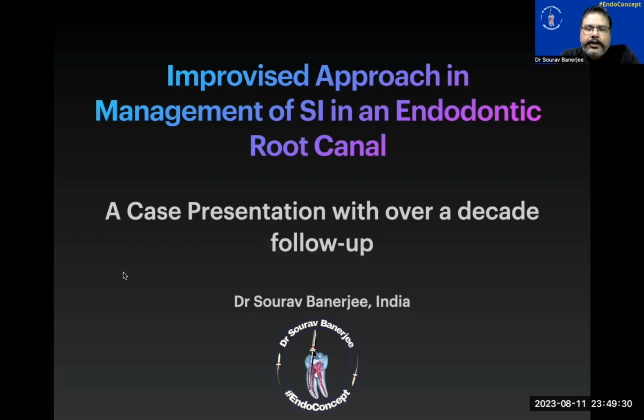Like in routine endodontic or routine retreatment cases, we usually do not follow that kind of improvisation. Let us see how we achieved a successful case in the long run.